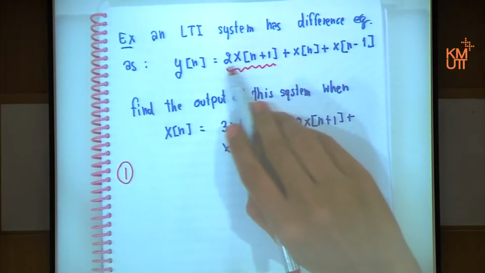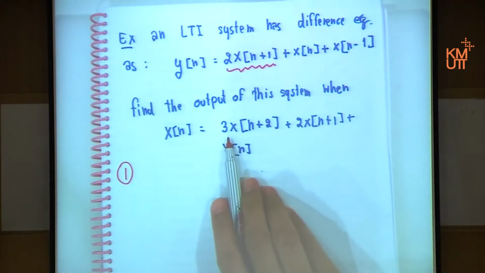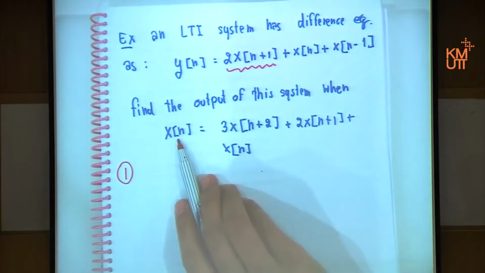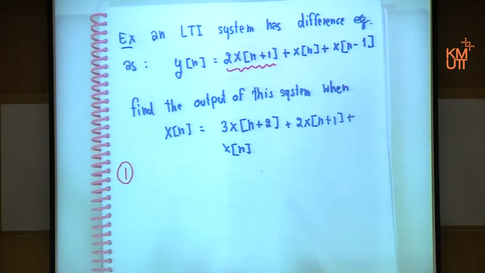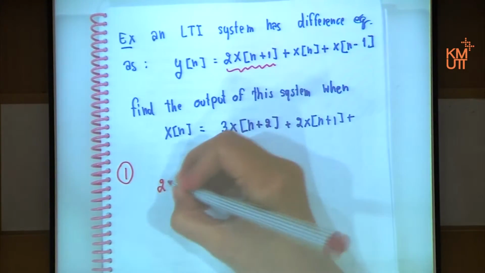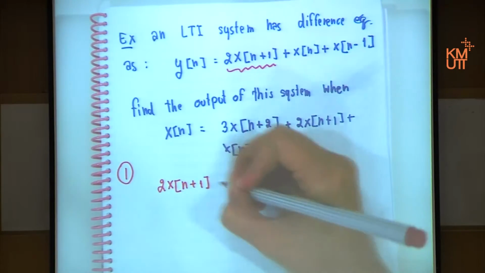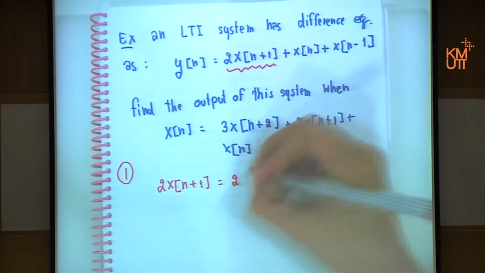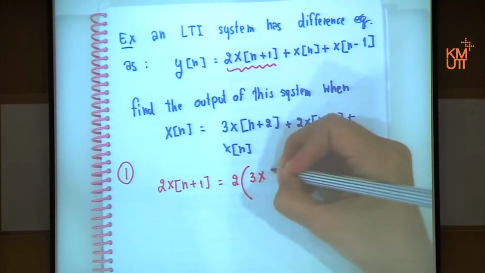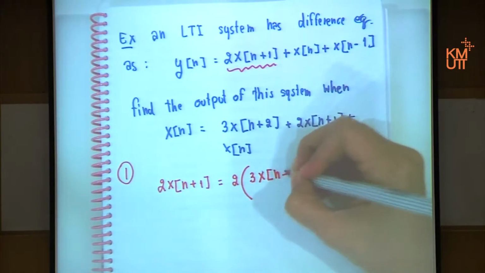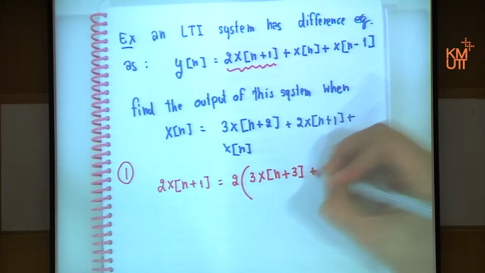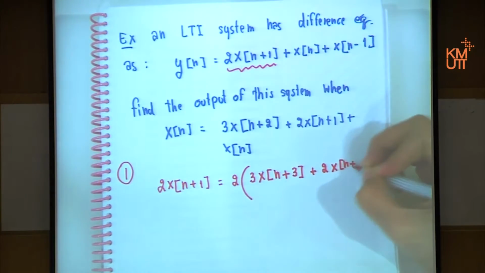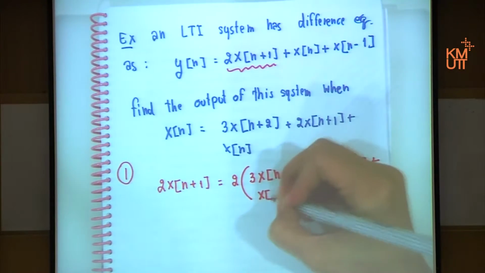If you want to find 2x[n+1], you just shift this x by 1 unit to the left and then multiply by the scalar 2. So this term is equal to 2 multiplied with 3δ[n+3] plus 2δ[n+2] plus δ[n+1].